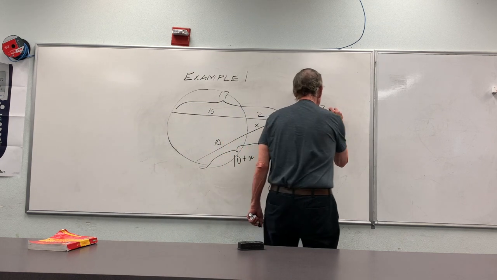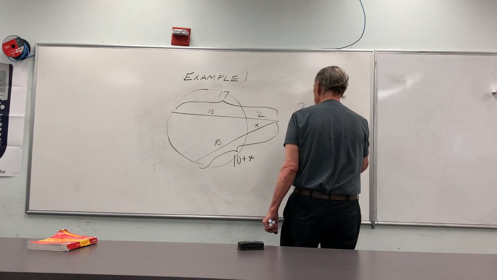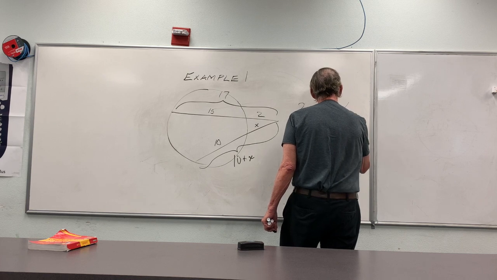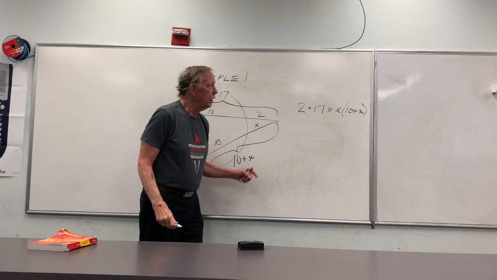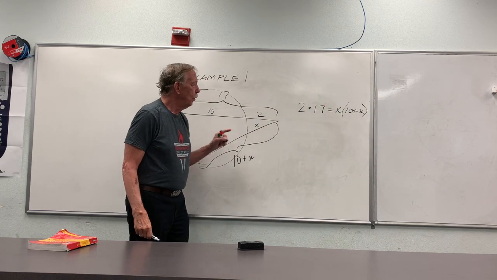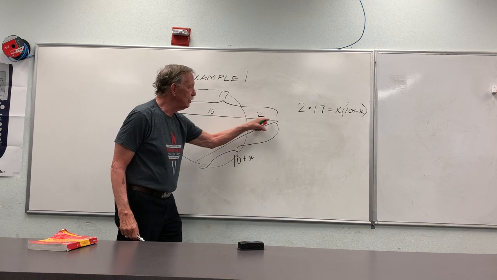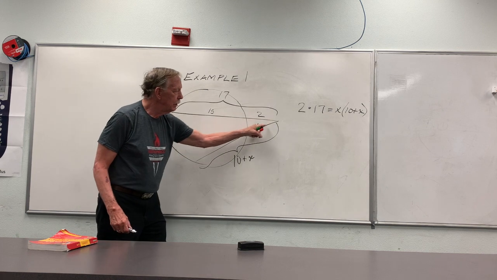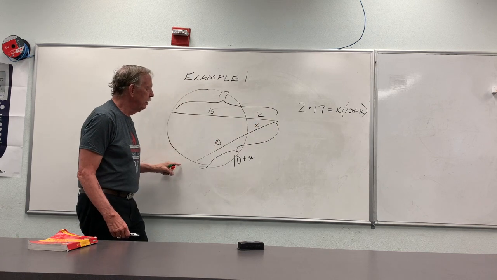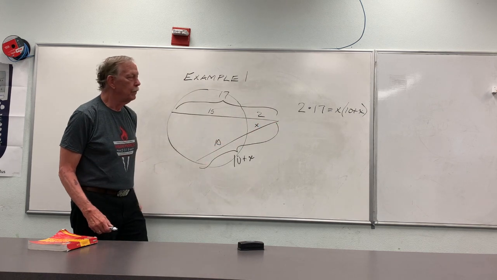So setting these equal, we have x times 10 plus x. That's our equation when we multiply the little piece of this secant times the whole thing and set it equal to the little piece of this secant times the whole thing.